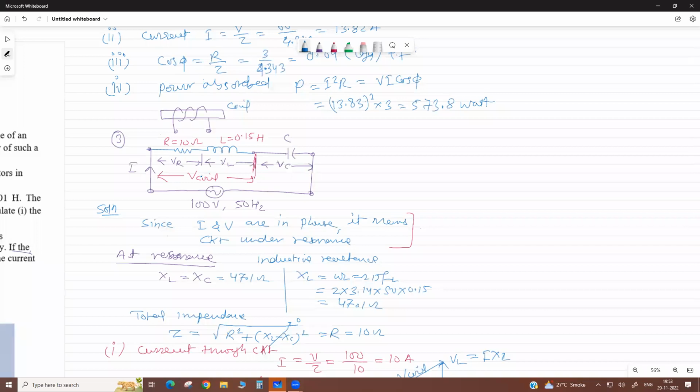But if we calculate here to here, then total will come only 100 because this is opposite. Voltage across coil, inductor, and voltage across capacitor, they are equal and opposite. This is plus, this is negative.